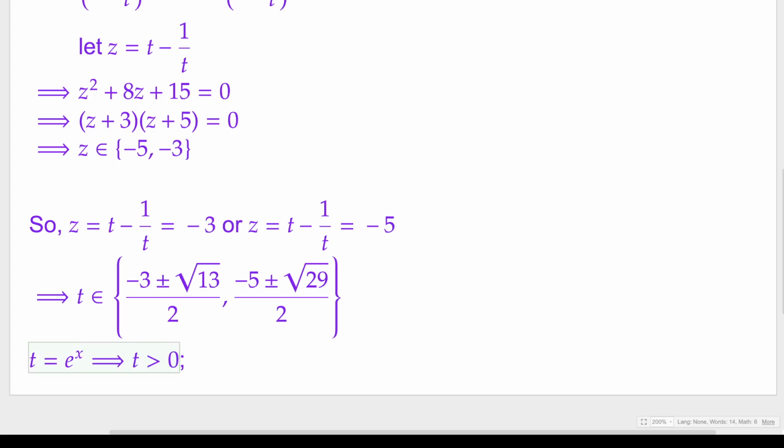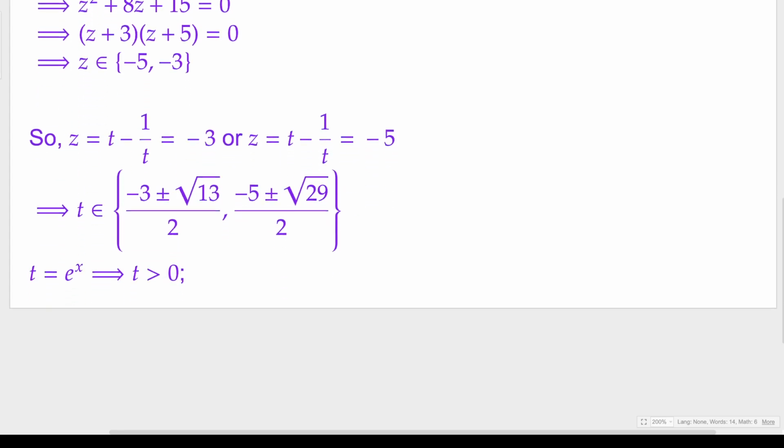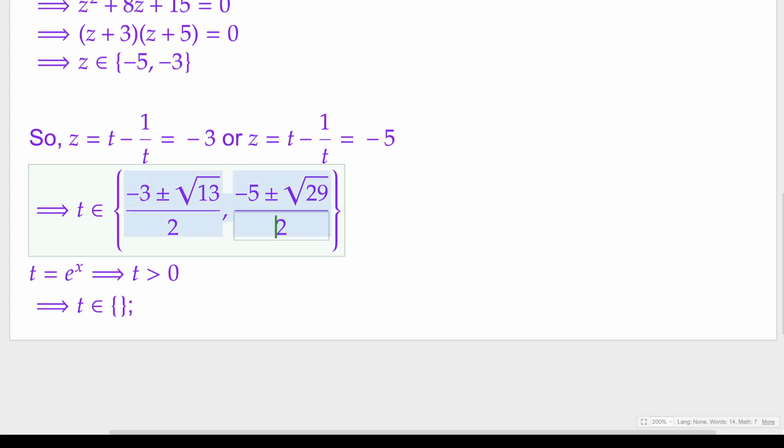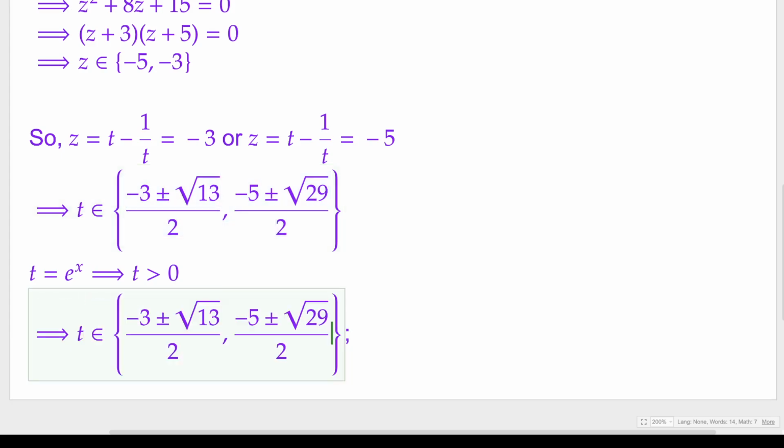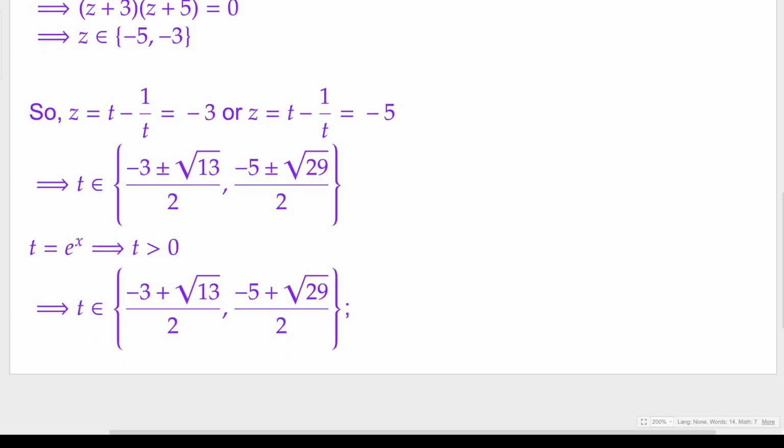Only the positive quantities can be considered. That means minus 3 minus square root of 13 has to be rejected, and the negatives will be eliminated. So this would be square root of 13 minus 3 over 2, and square root of 29 minus 5 over 2. These are the acceptable values.